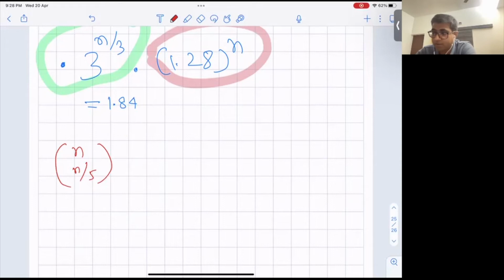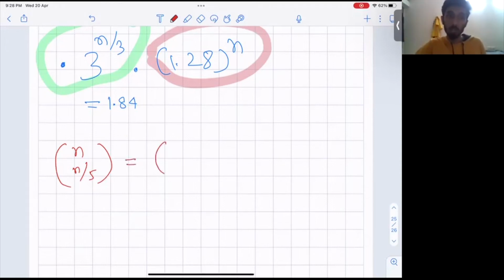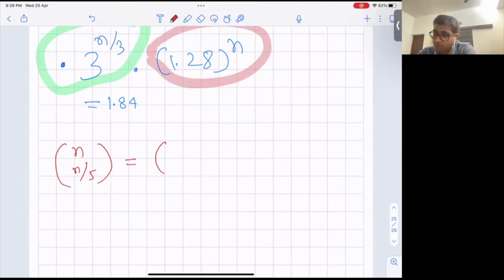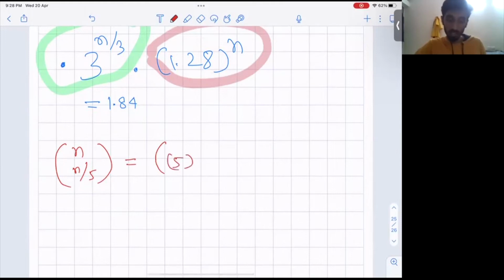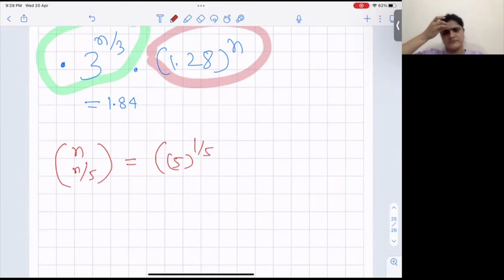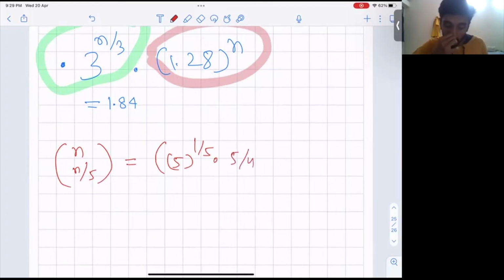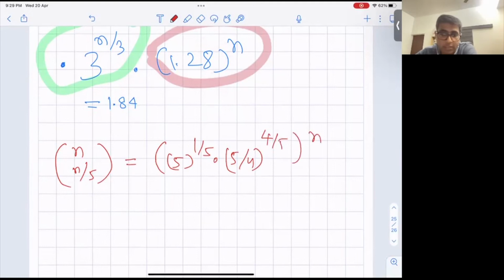I'm just saying use that. So the formula was 1 by alpha to the power alpha. So what is 1 by alpha here? It will be 5. 5 to the power 1 by 5, correct, times 5 by 4, because it is 1 by 1 minus alpha to the power 4 by 5. The whole power. And according to Satya, this number is 1.649.